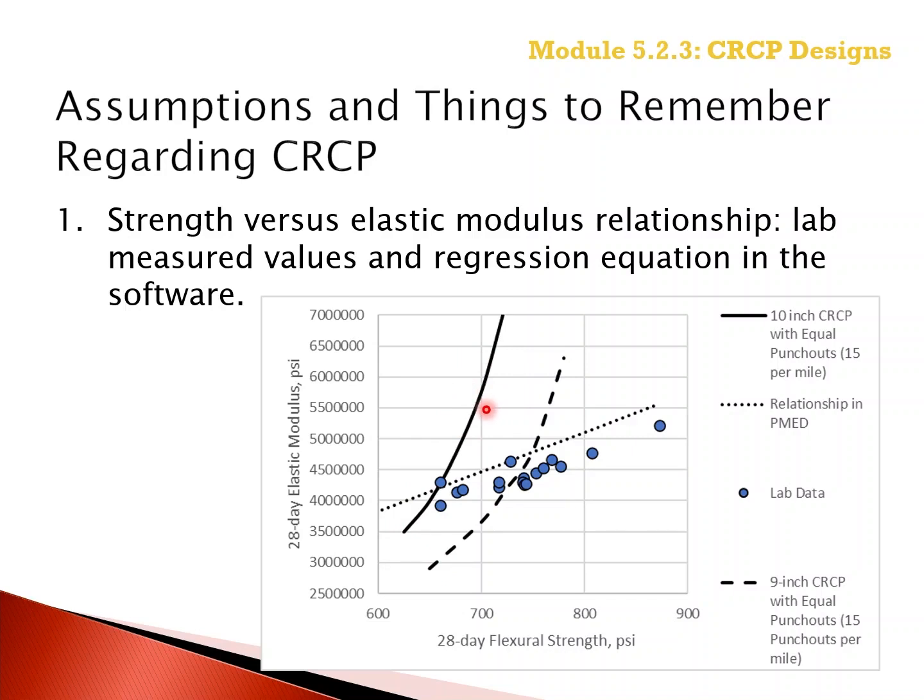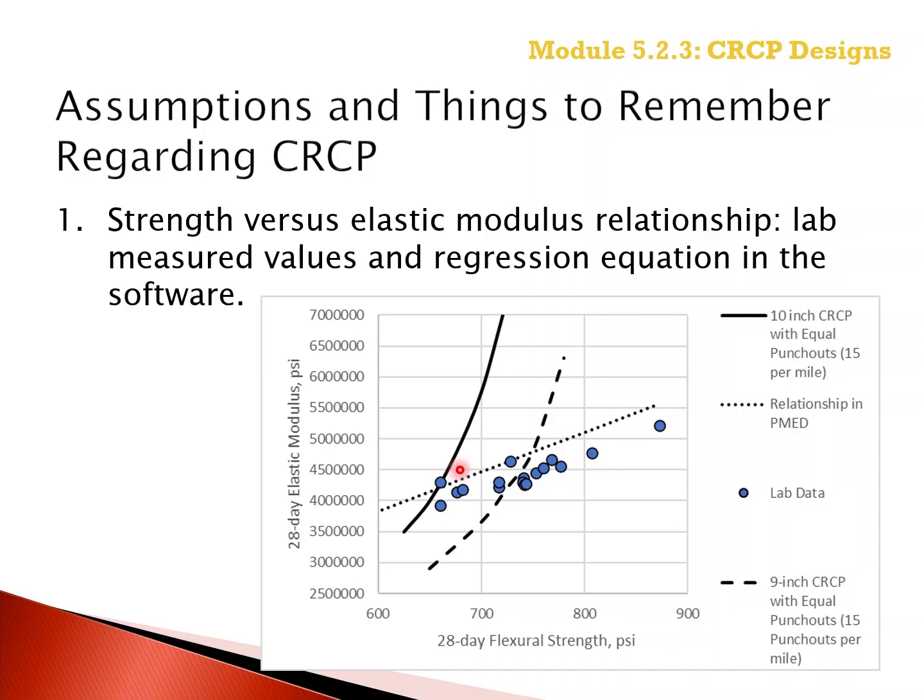These relationships between strength and elastic modulus can be compared to the laboratory measured data and to the regression equation between strength and elastic modulus included in the software that was on the previous slide.